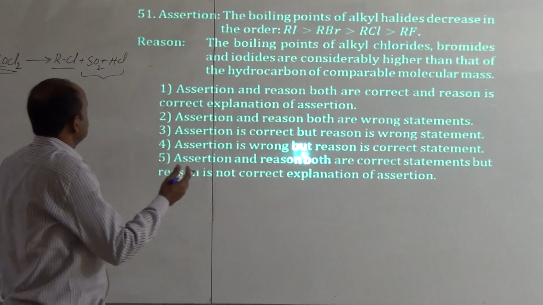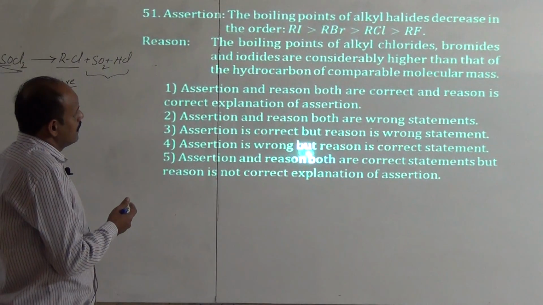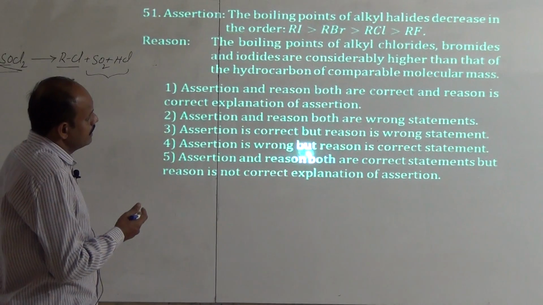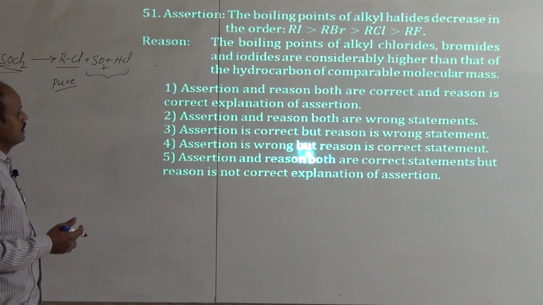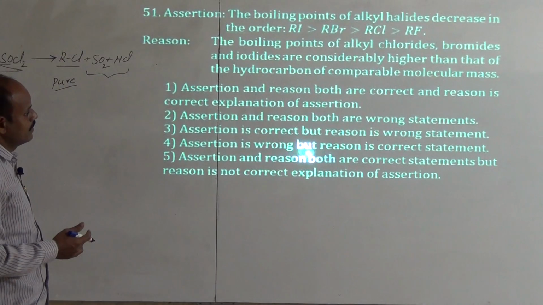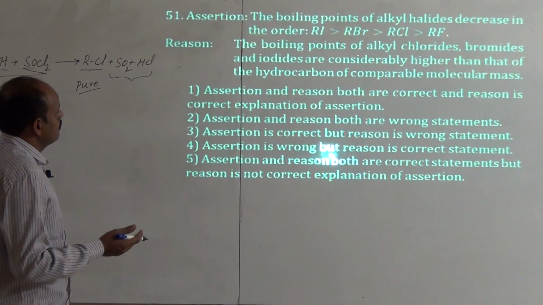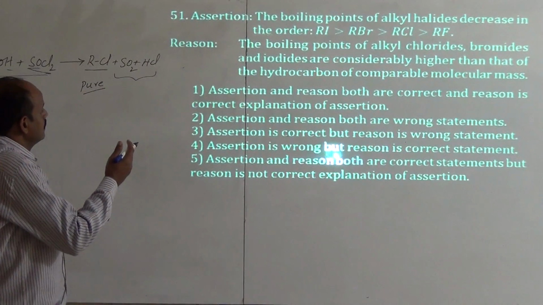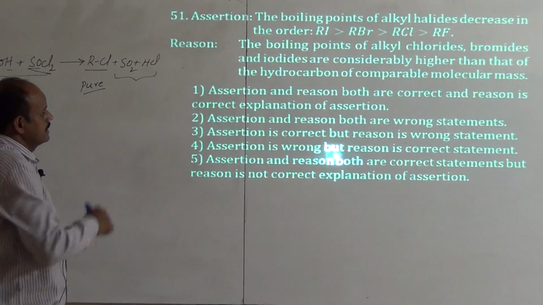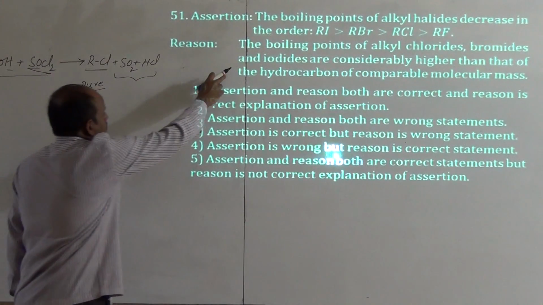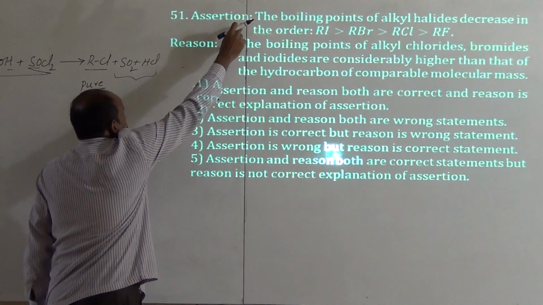Okay, it's the boiling order. Reason: the boiling points of alkyl chlorides, bromides and iodides are considerably higher than that of the hydrocarbon of comparable molecular mass. That is also correct, but that reason is not the correct explanation of assertion A. Both are correct only, but it cannot explain the boiling point order.